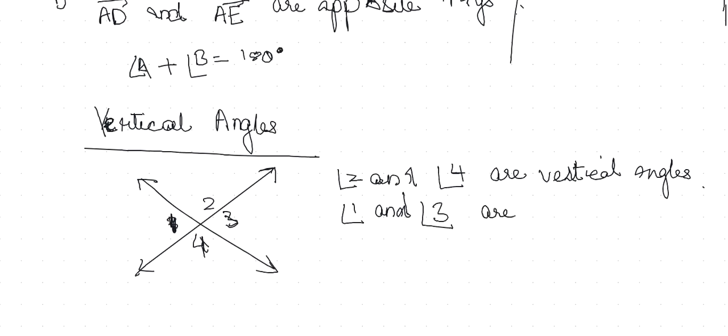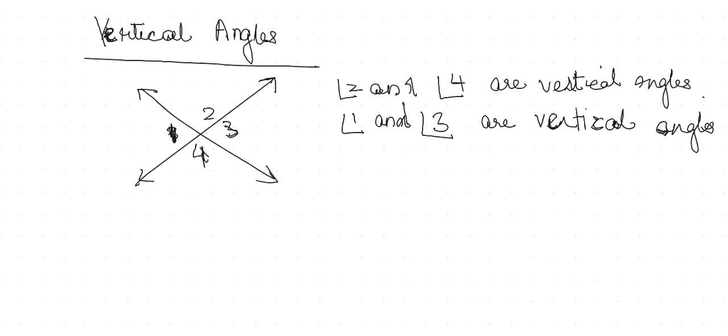Angle 1 and 4 are vertical angles, angle 1 and 2 are linear pairs. And 2 and 4 are equal and 1 and 3 are also equal. Vertical angles are always equal.